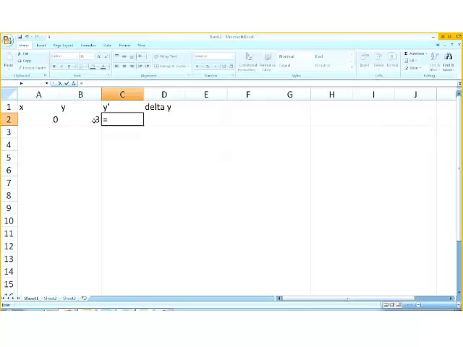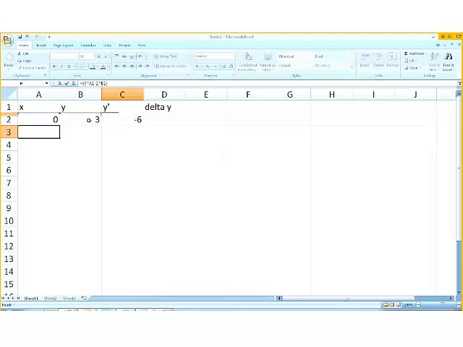So here we enter the equation for Y prime. To enter an equation, put equals. So we have equals, and the equation was 3 times X. Rather than putting X in there, we go over to the cell that represents the X value, which is A2, and we subtract 2 times Y, which is the value in this cell. And we take a right parenthesis.